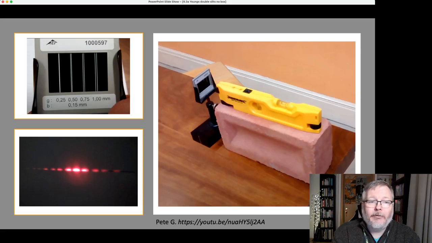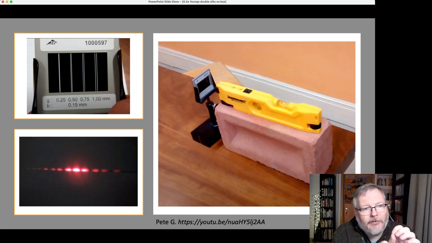And then the other one, which you'll probably be seeing in the lab, is using a laser. So you have a laser shining through a slide. The YouTube site I've linked here, assuming it's still active, will go through the use of this video.